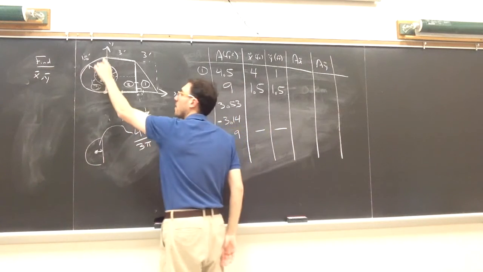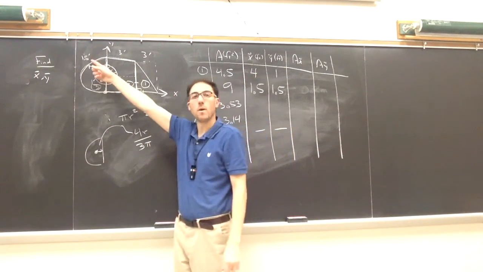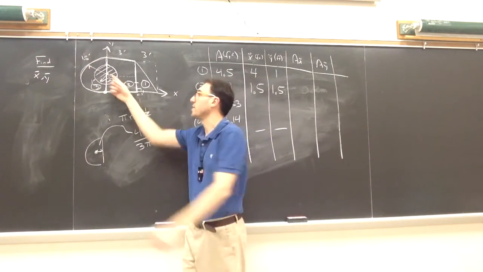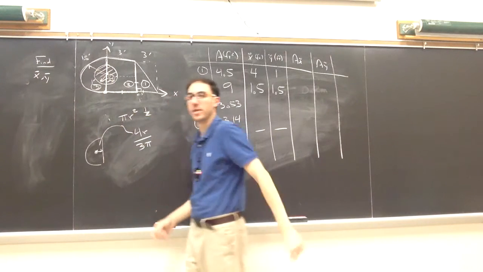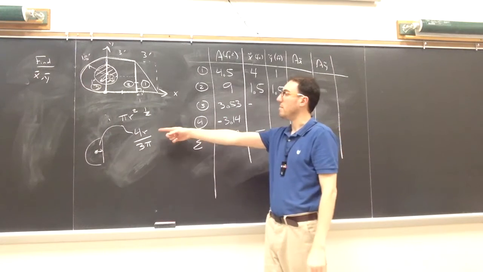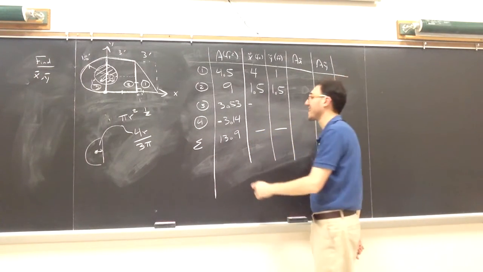So as measured from this line to the left, it's going to be 4 times 1.5 divided by 3 pi. And to get there, I'll have to go to the left of the origin. So this value will be negative for shape 3. My 4 times 1.5 over 3 pi, I'm going to get negative 0.637.